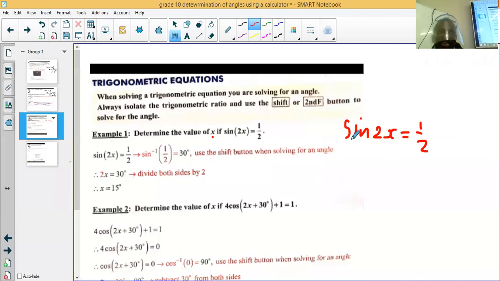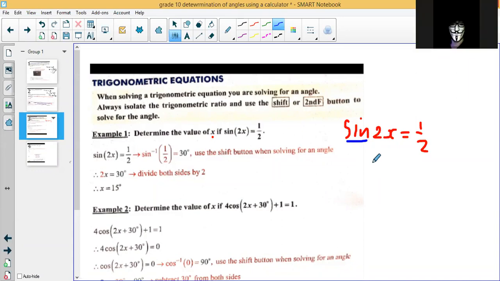What is it that we need to do? First, what do we do? We want to make x the subject of the formula. First of all, we want to get rid of this sine. How do you get rid of sine? Shift sine.